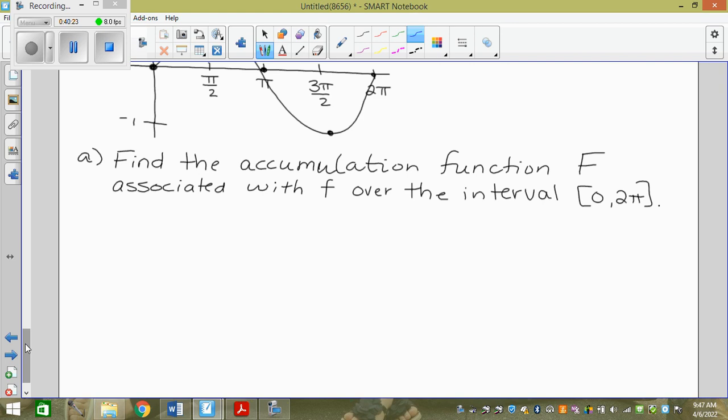Okay. So we are going to find f of x equals the integral from 0 to x of sine t dt. This is what they gave us. We just happen to know it's 0 to 2 pi.